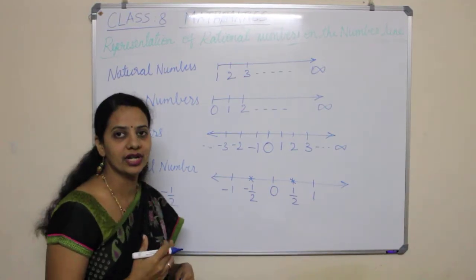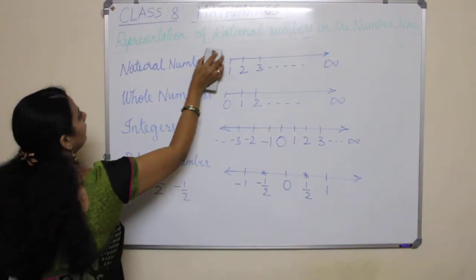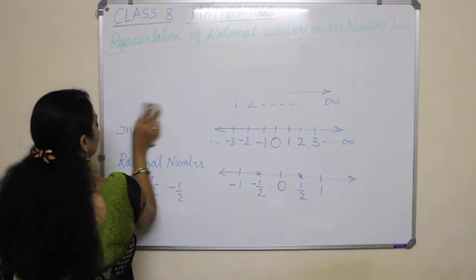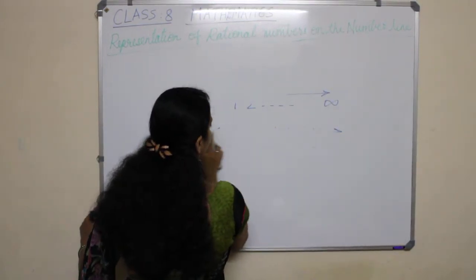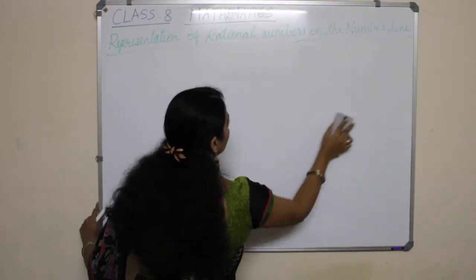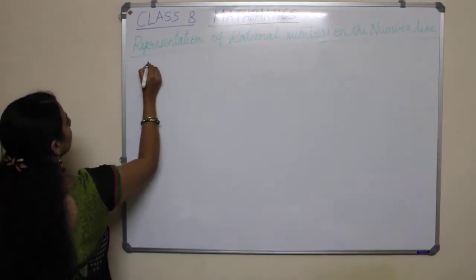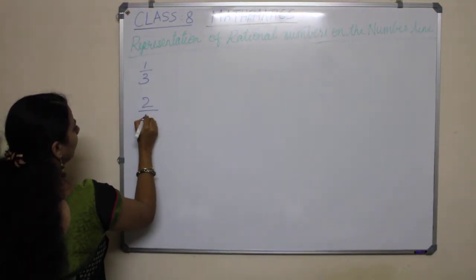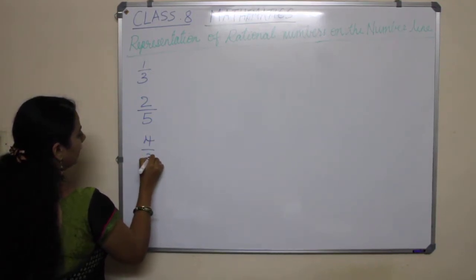We will see some more examples now. Let us consider this example: 1/3, then 2/5, and then one more example, 4/3.